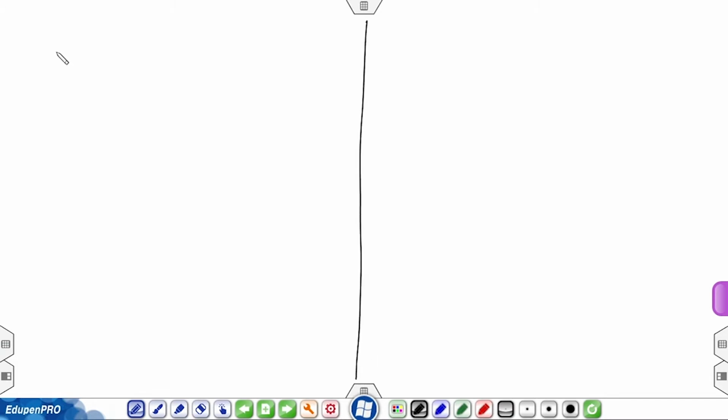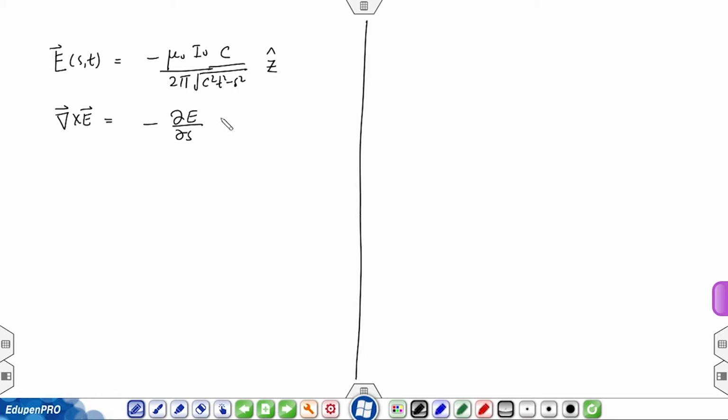We have already calculated E as a function of s, t in the z direction, and it comes out to be minus mu naught I naught over 2 pi, square root of c square t square minus s square, and on top is c, in the z direction. This is only z component. So, curl of E is going to be equal to minus dE ds in the phi direction.